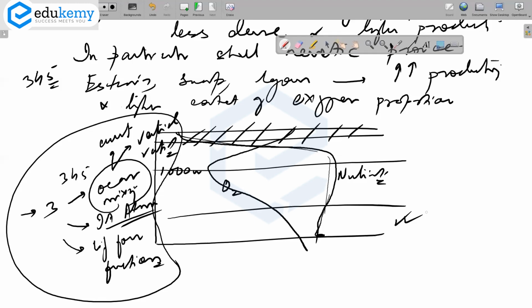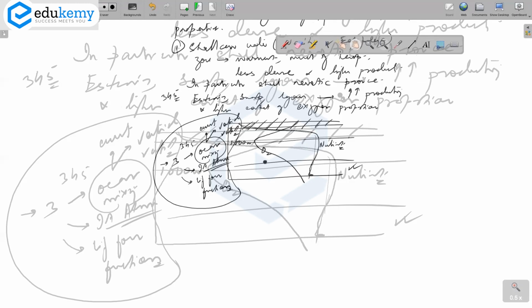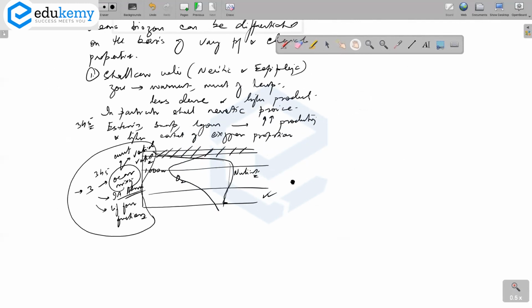So this is part of a discussion about the upper layers, the shallow layers, the neritic and the epipelagic layers. The second reason is the interaction of the oceans with the atmosphere. Why does nutrient peak?